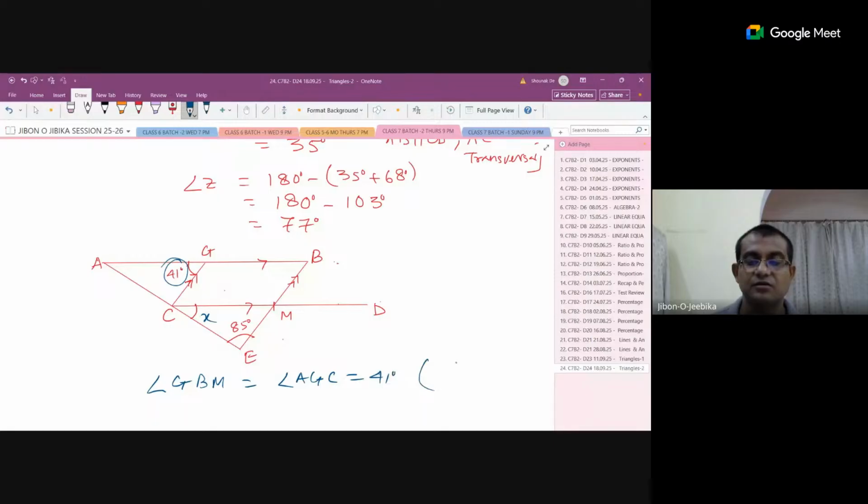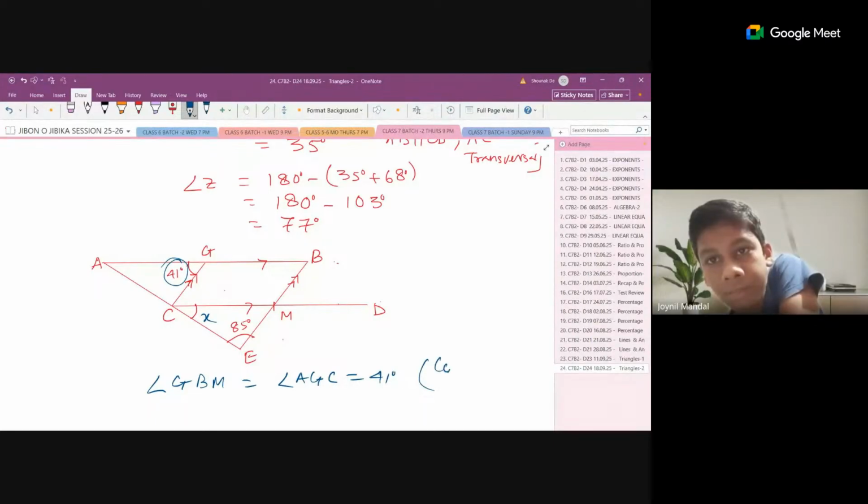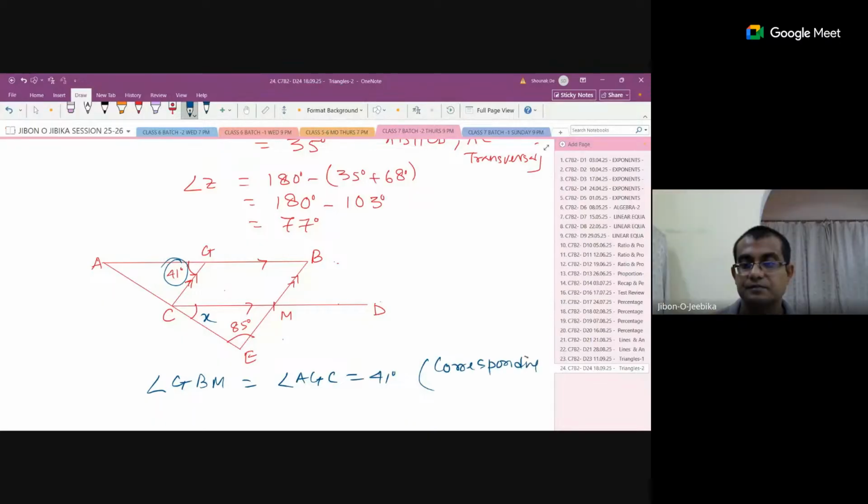What type of angle are they? Corresponding angle. Because GC is parallel to BM and AB is transversal.